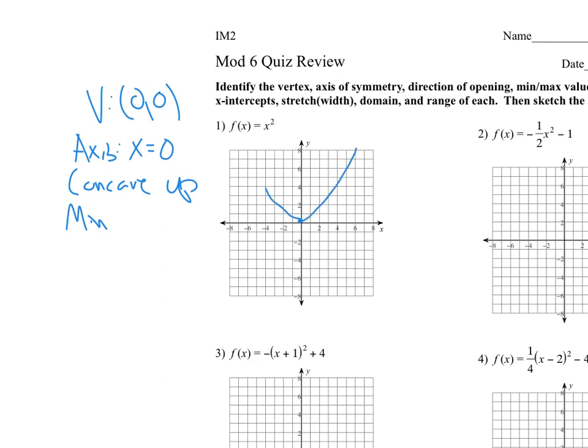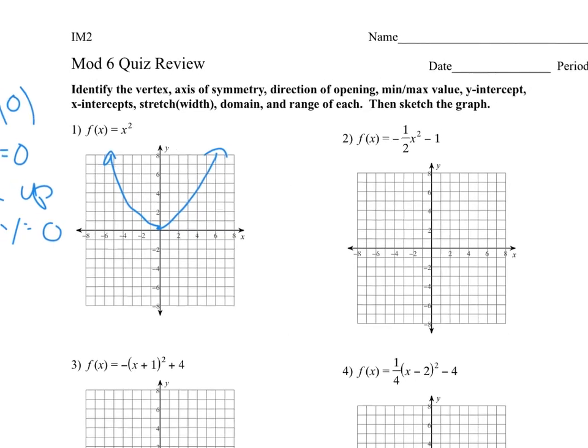Although we haven't talked about the actual width of it yet, you can still just do a sketch to give yourself an idea if it's our min or max. So this is a minimum at y equals 0 because it is our y coordinate of our vertex.